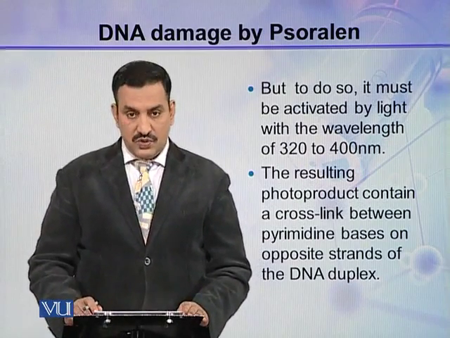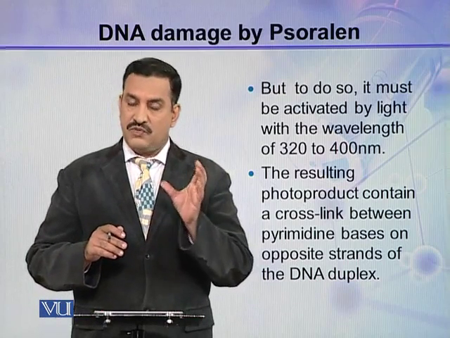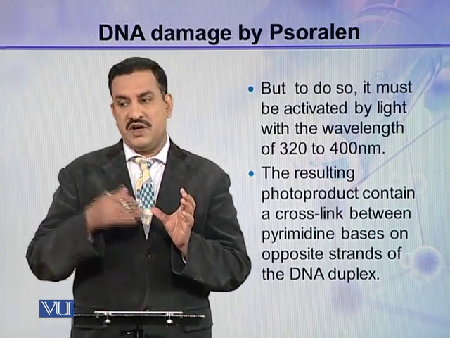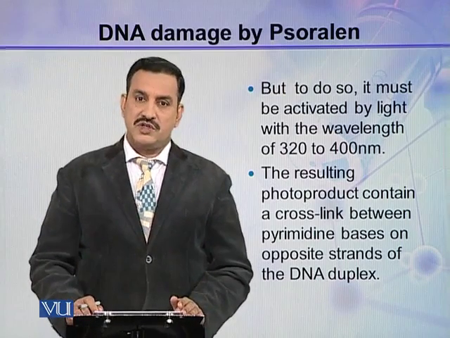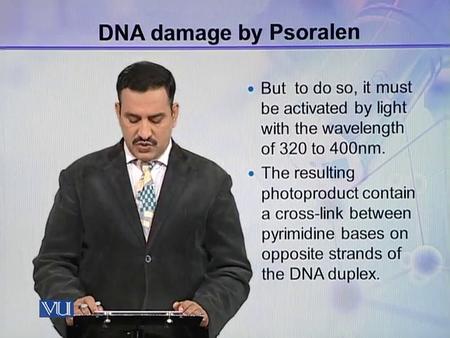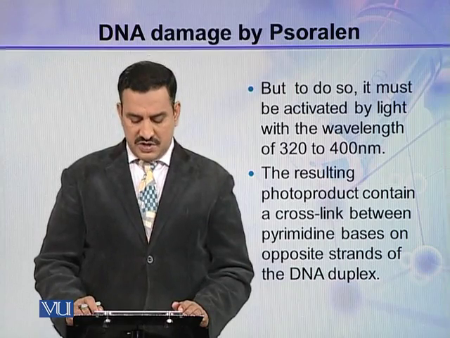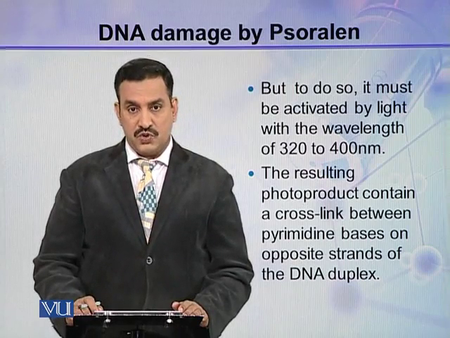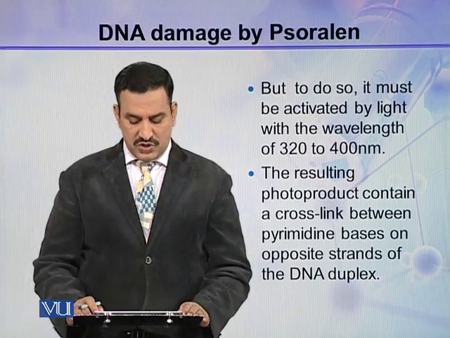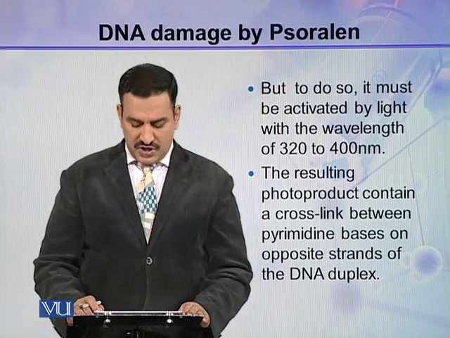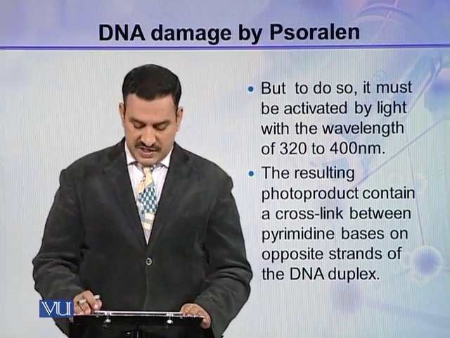But to do so, it must be activated, because one furan group has been activated but the second group is not activated. So it must be activated by light with a wavelength of 320 to 400 nanometers. If the DNA containing this monoadduct is exposed to light of 320 to 400 nanometers, the second group of the psoralen is also activated.